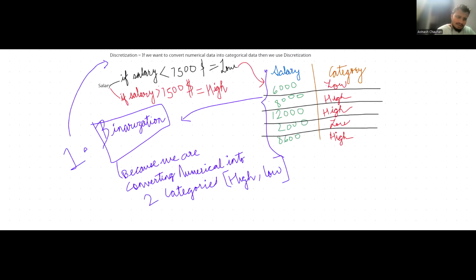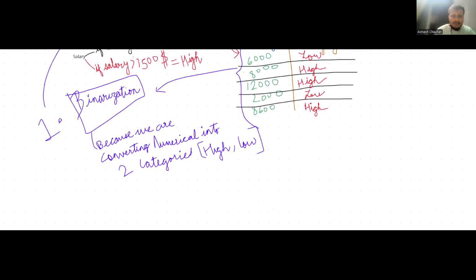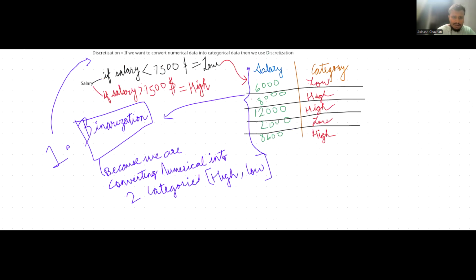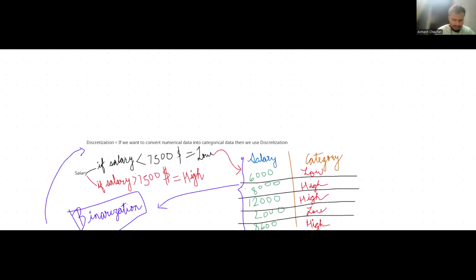You can, for example, let me take green. If you want to add a new category here. If salary is less than 75,000, then it's low.